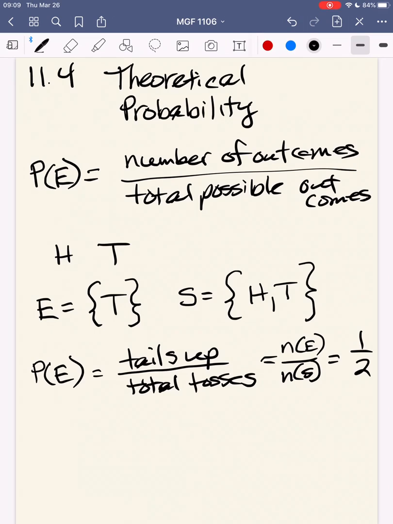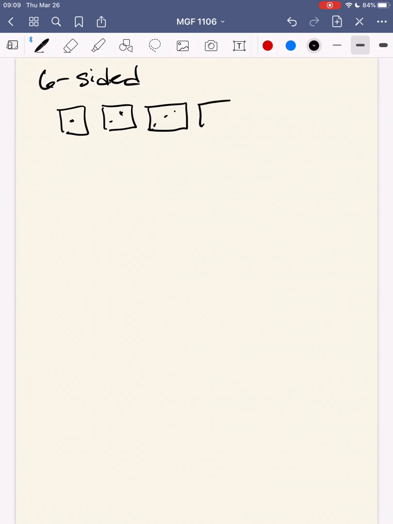All right, let's look at this in terms of dice. So if I have a 6-sided dice, and that's the only one we're going to be dealing with in this course, okay, I have 6 possibilities. I can either get a 1, a 2, a 3, a 4, a 5, or a 6.